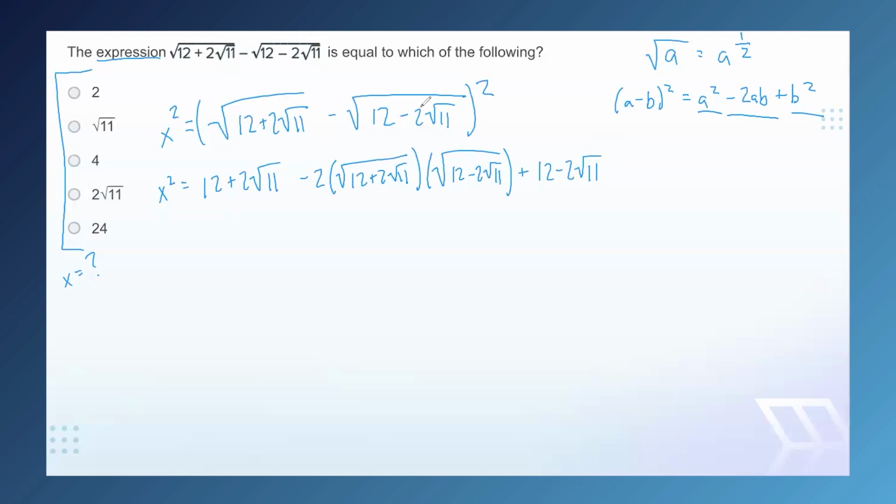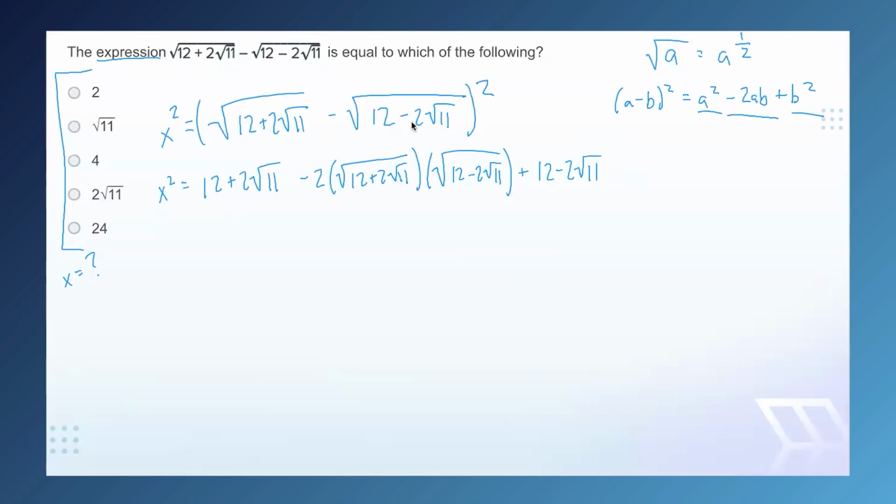Again, squaring is going to get rid of that broader square root. And if we are unsure about any of this, we can always FOIL. So first, outside, inside, last, and that's going to give us the exact same thing, just with a little more time investment. Okay, now we are getting somewhere.